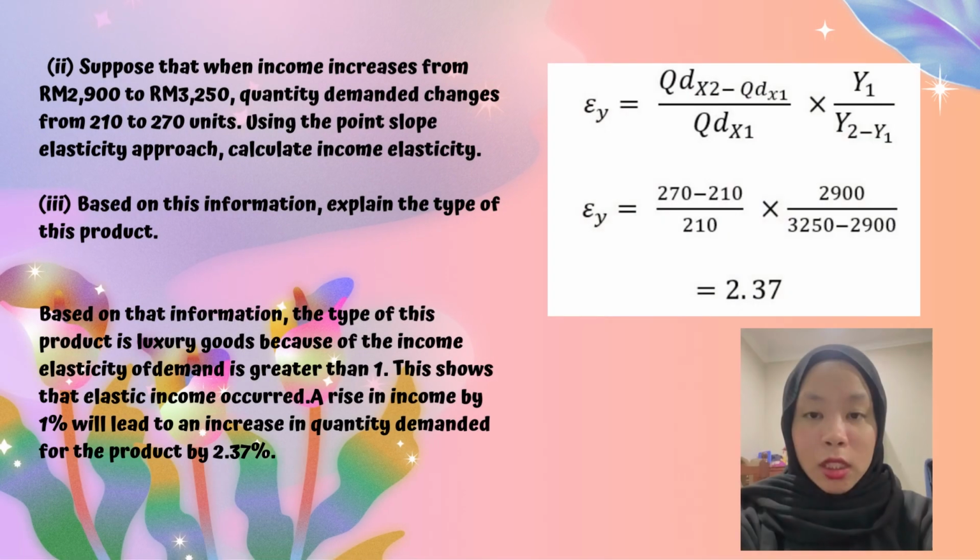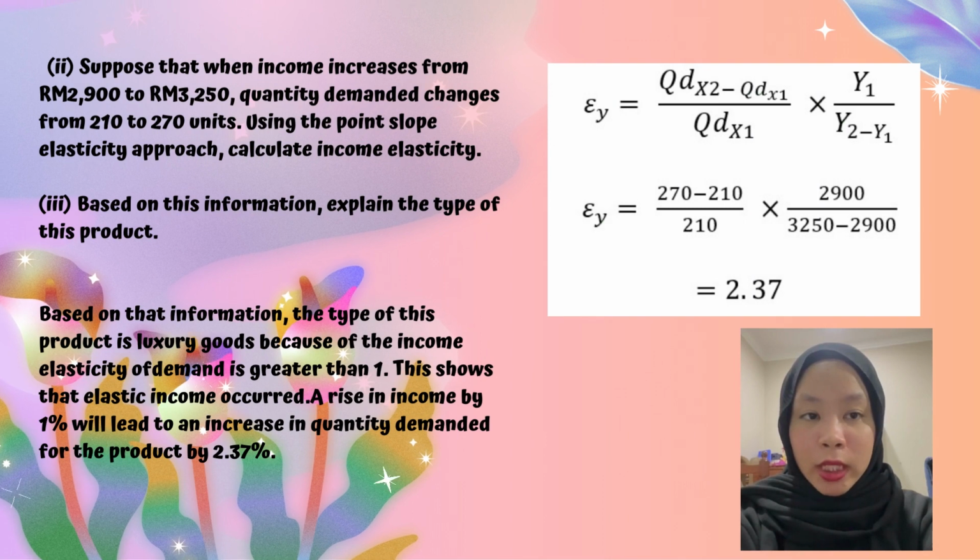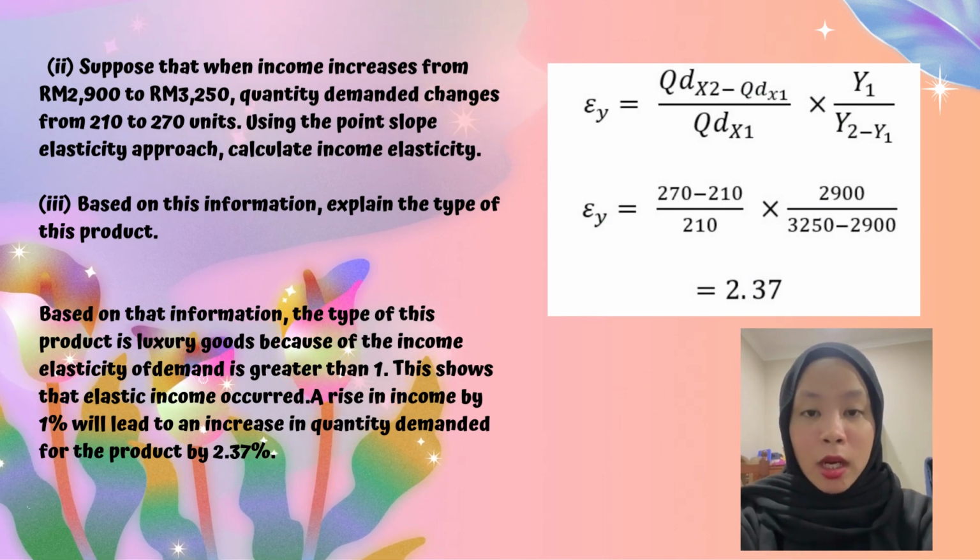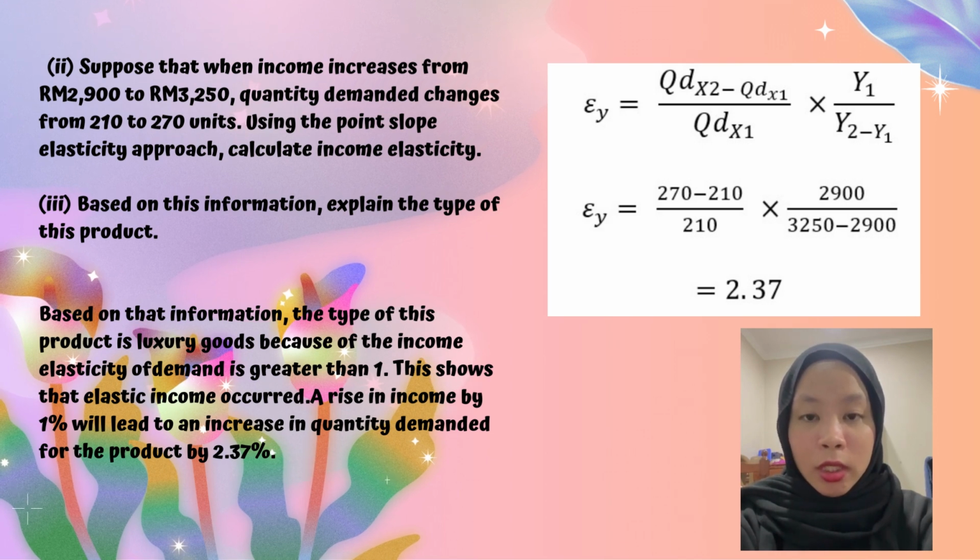Next is the calculation for the question given: income increases from RM 2,900 to RM 3,250, and quantity demanded changes from 210 to 270 units. Then we calculate it using the income elasticity of demand formula.